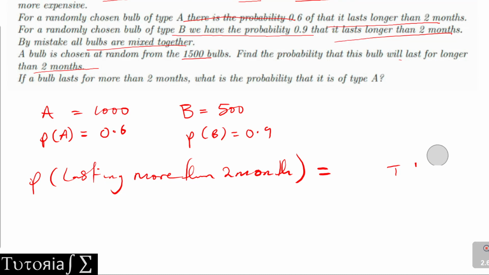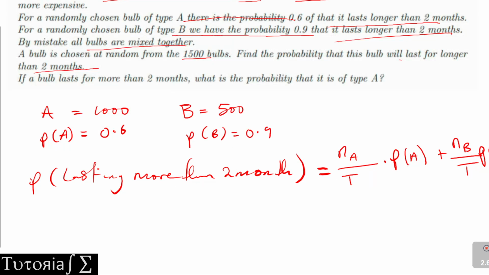In this case, it will be the number of elements in A over the total number of elements times the probability of A, plus the number of elements in B over the total number times the probability of B. So this will give us the probability that the bulb lasts more than 2 months.